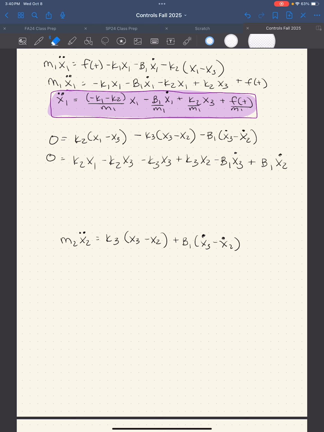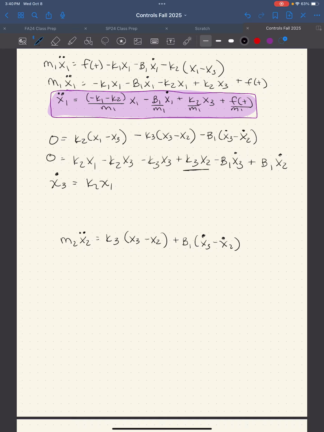So let's bring it over the left-hand side and then divide by b1. So I should get x3 dot equals, let's see, how many x1s do I have? I think I have only the one x1 term. So k2 x1. Do I have any x2s?